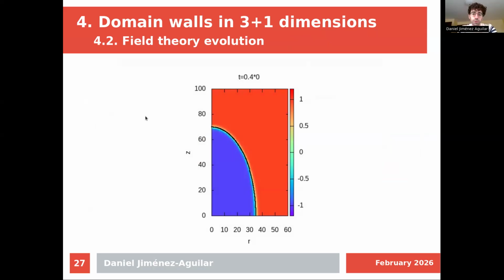This is just a 2-dimensional slice of the 3-dimensional ellipsoid. Again, the colors are the value of the scalar field, and the black curve is the prediction of the Nambu-Goto action. So with this example, we conclude that field theory evolution is also catastrophic.